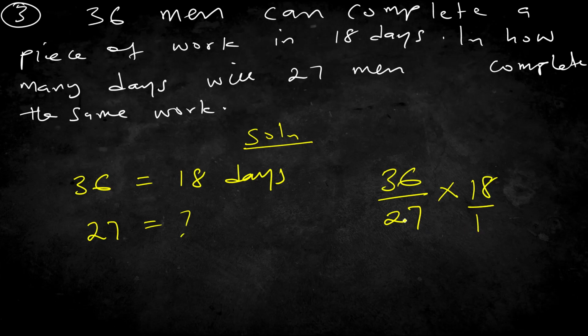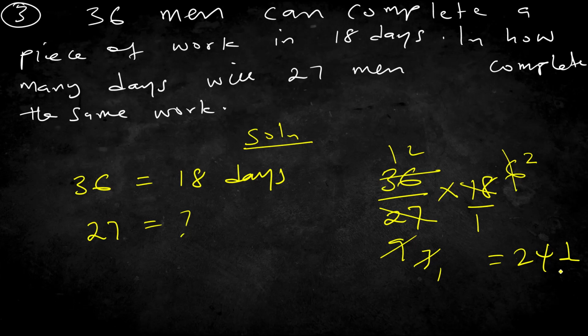So 3 here 9, 3 here 6; 3 here 2, 3 here 3, 3 here 1, 3 here 12. So we have 24 days. This one makes sense. 36 men, they are many, so they will use less days, 18 days. So 27 men is 24 days. This one makes sense.